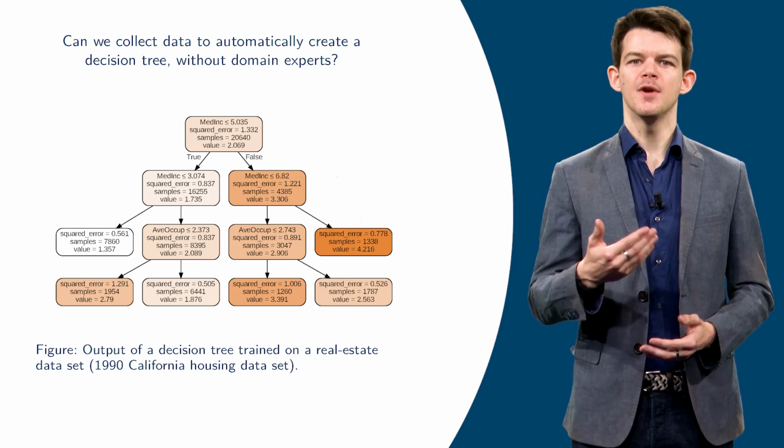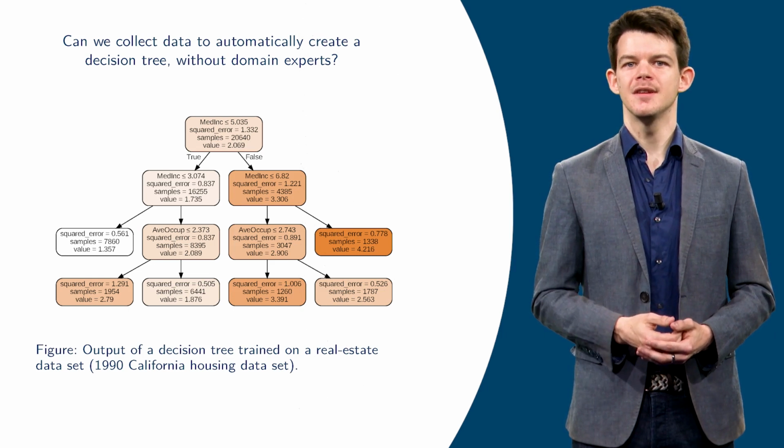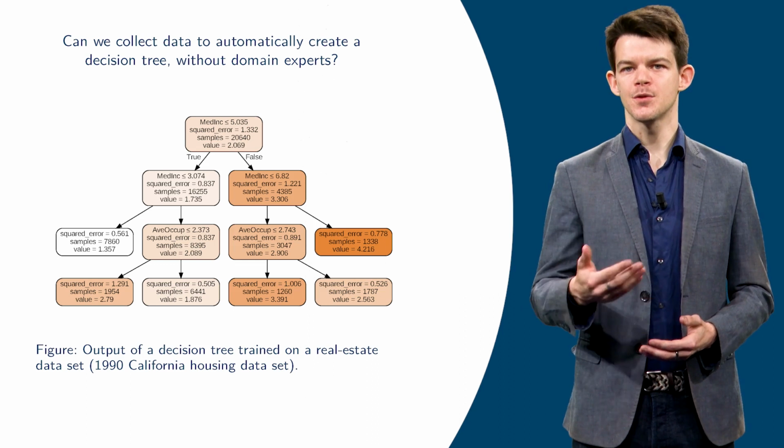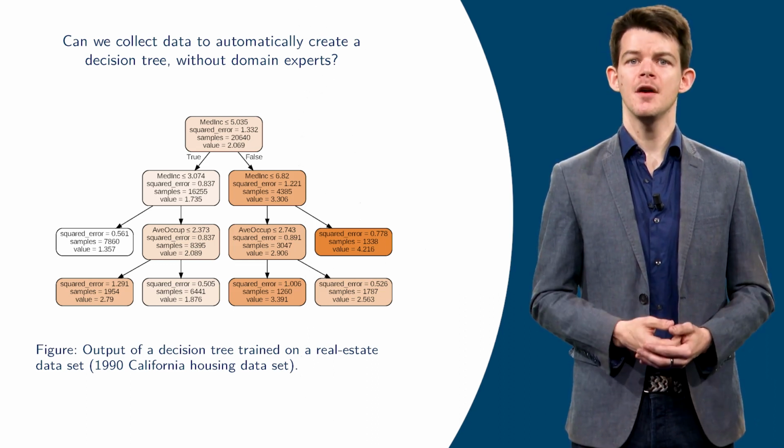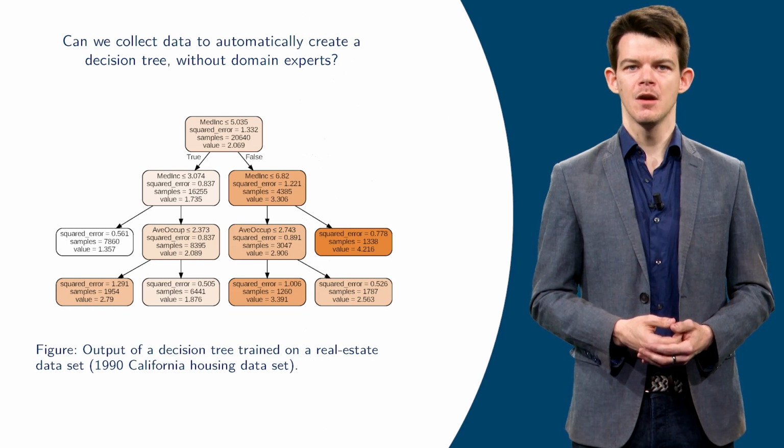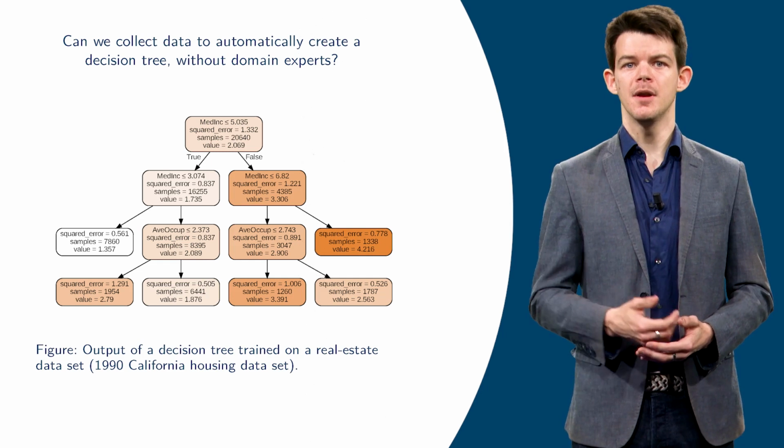A common practice to validate this tree is then to present it to experts to get their opinion on the choices of variables and the structure of the tree. In this module on decision trees, we will see how these trees are constructed. From now on, when we talk about decision trees, we refer to such trees built from the data.